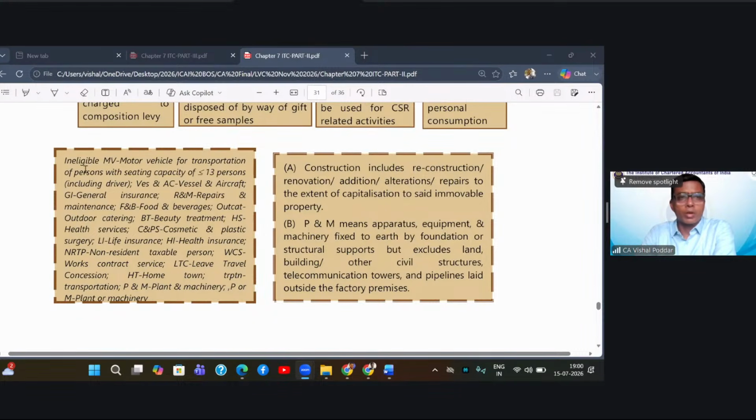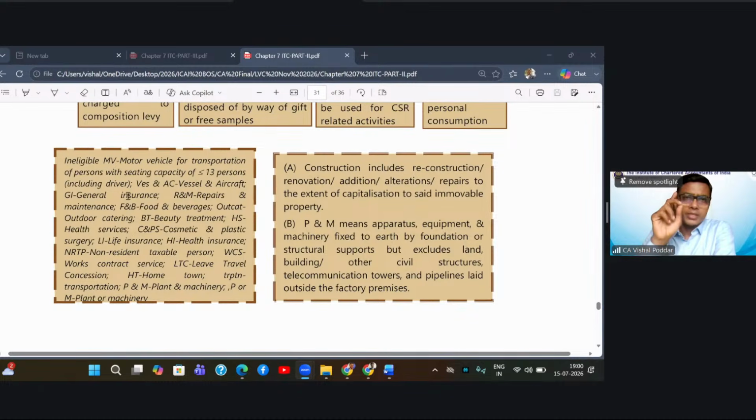when we talk about motor vehicles, which is our first blockage or first restriction, which motor vehicles are blocked? So, students, here you will have to understand one thing. Broadly, I will categorize motor vehicles into two categories: passenger and goods.